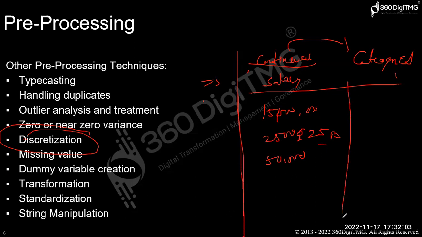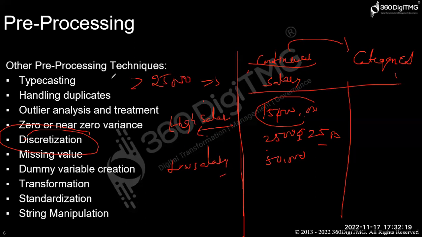I want to convert these various salaries into two categories: high salary or low salary. Whatever the salaries that are above 25,000, I'll be considering as high salary, and below 25,000, I'll be considering as low salary.